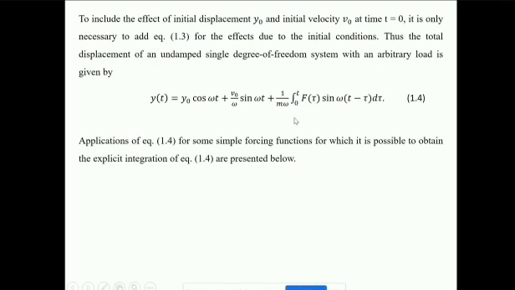In this way you will be able to calculate the displacement as a function of time, by carrying out this integration either analytically or numerically. Is this understandable to everybody? Okay.